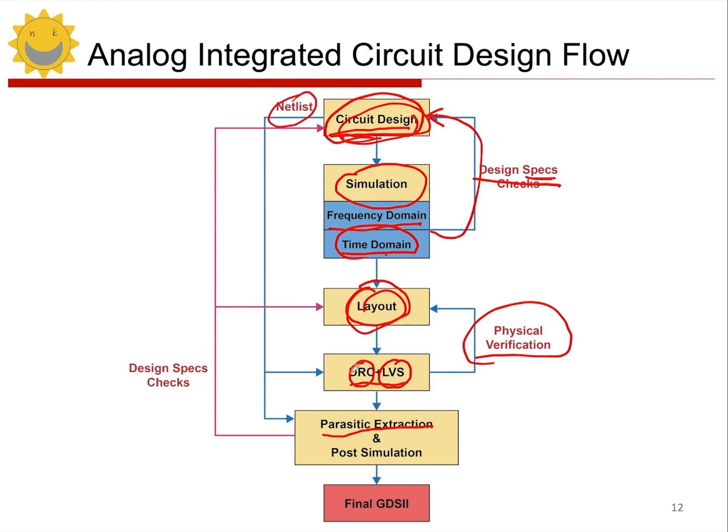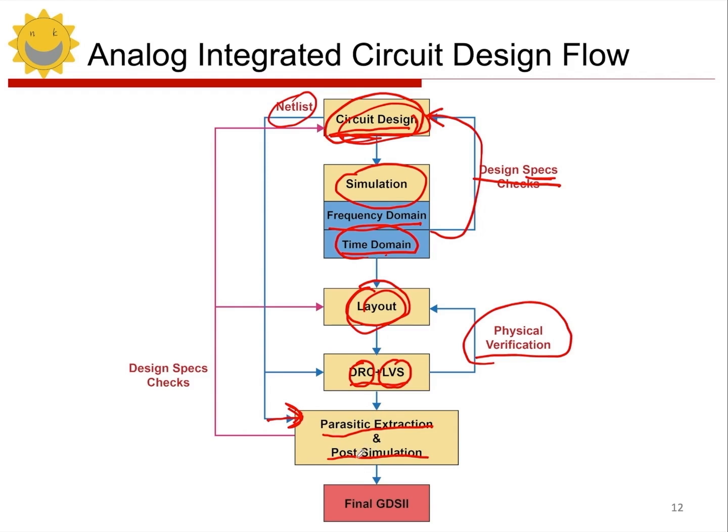This netlist needs to be provided for the LVS step and also for the post-simulation step, where it will incorporate the parasitic parameters into the netlist. At this point, the netlist generates a post-layout netlist that reflects the parasitic information from the layout. Then, you perform post-simulation. If the post-simulation passes, then your circuit is considered reliable.